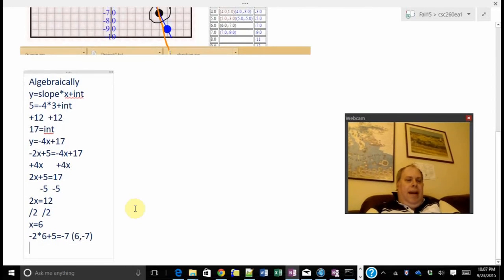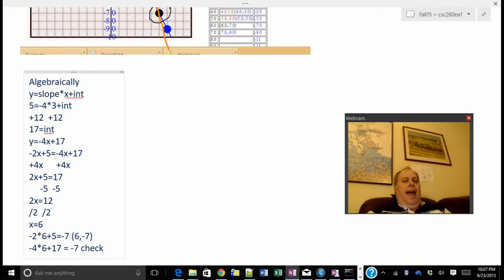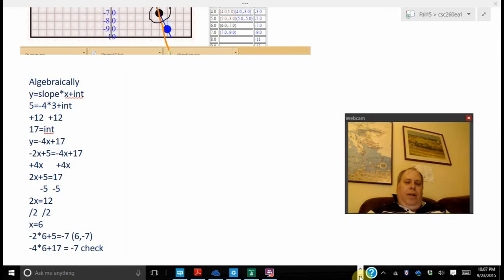Now a quick check: the other formula should give me the same thing. Negative 4 times 6 plus 17 also gives me negative 7, so it checks. And that is how you solve lesson 4, problem 4, algebraically and graphically.